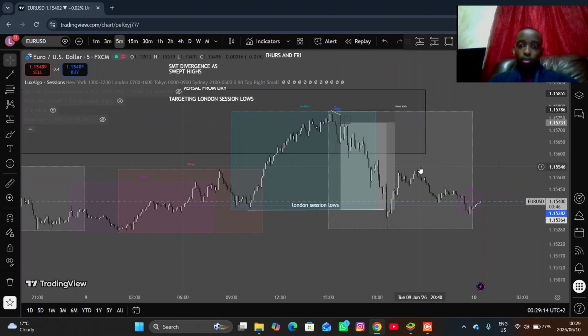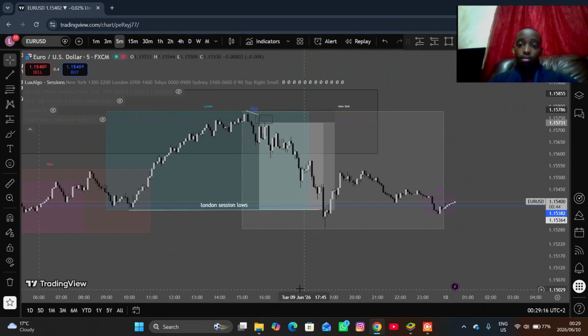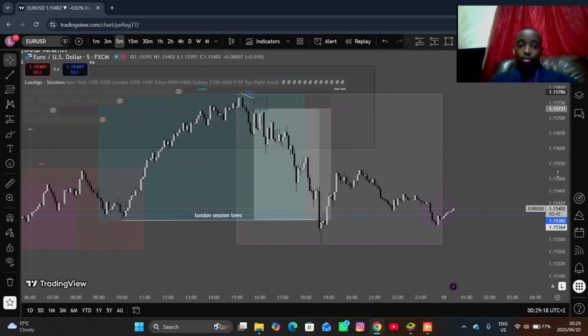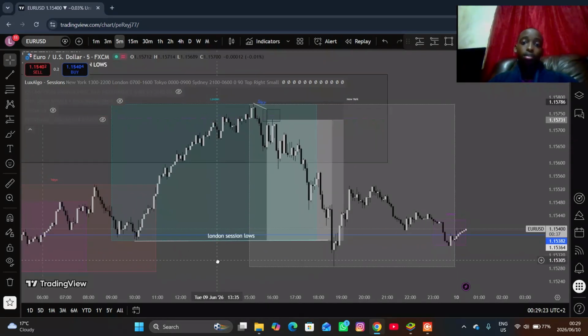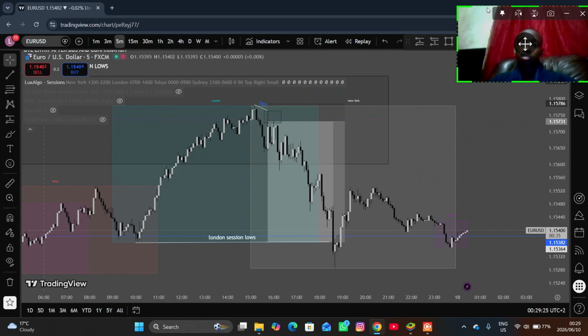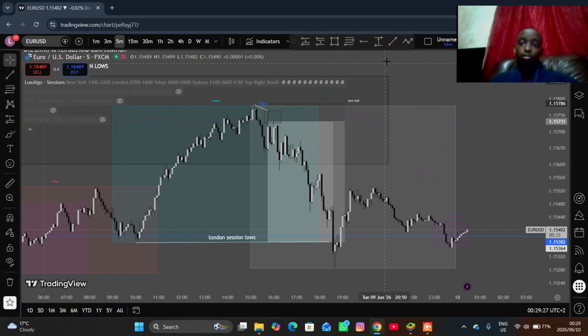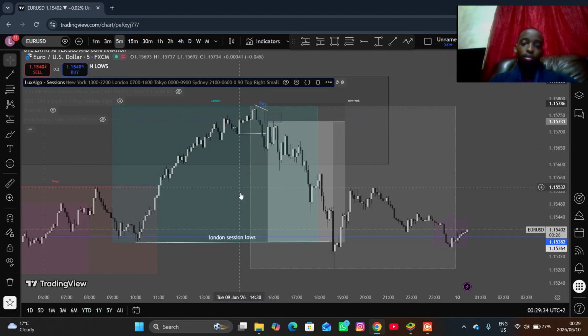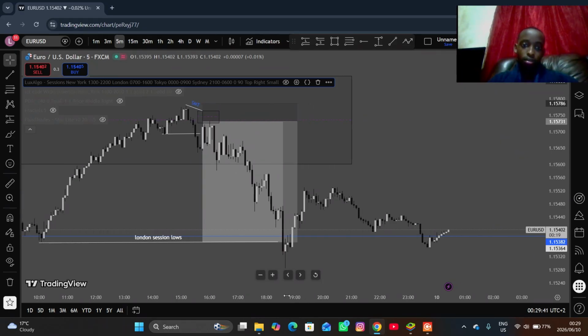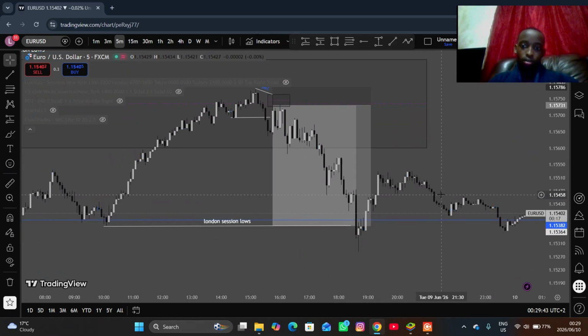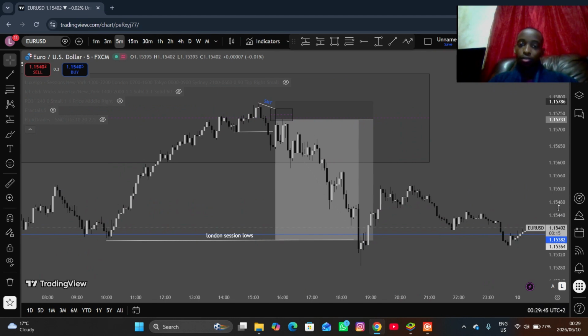Then on New York session open, which is 3 o'clock for me as I'm in South Africa, price showed a break of structure to the downside over here, broke this market structure, you can mark that out there. That was a good confluence for me.